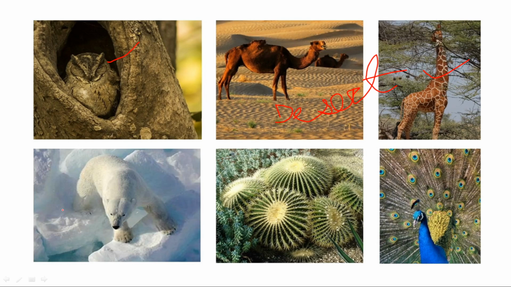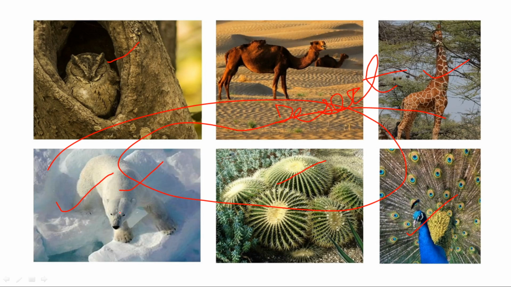Look here, here there is snow, and in snow you can see the snow bear. The snow bear is looking white. Look at these. These are cactus plants. These also grow in the desert. And this is what you all know. This is the peacock, our national bird. So these all are living organisms, and we can see them in different places.